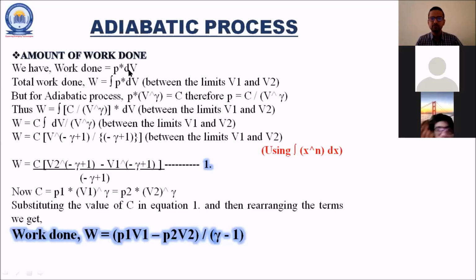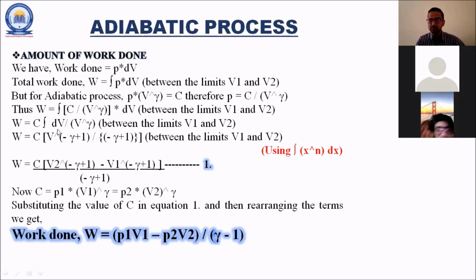Okay, so W is equal to P dV. So W is equal to the integration of P dV between the limits V1 and V2. For an adiabatic process, P V raised to gamma is equal to constant. So P is equal to C upon V raised to gamma. In place of P, I substitute C upon V raised to gamma into dV between the limits V1 and V2. C is the constant, so it is taken out of the integration.